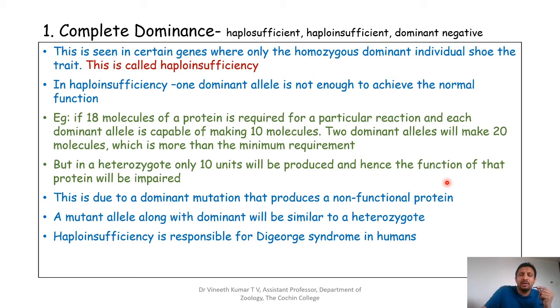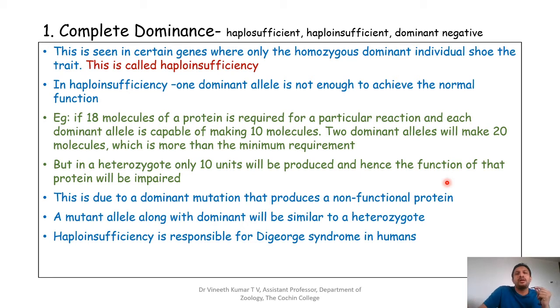It does not function as an enzyme. Even though it produces a complete protein, it is functionless, and that can be considered to be zero, because you have zero functional molecules from a recessive or a mutant allele. So in a heterozygote, you have 10 plus 0, which is equal to 10, and there the half is insufficient.